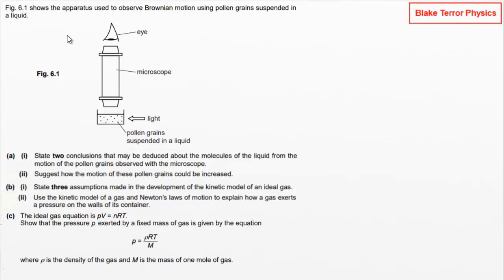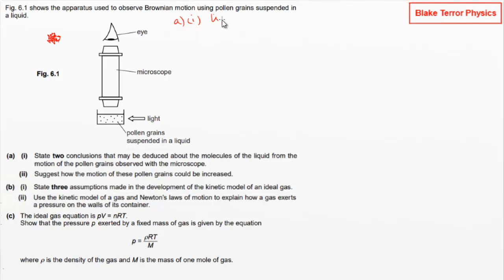observed in the microscope. Right, so if you remember with this, the pollen grains are jiggling around in this very rapid, random motion that's going on, and that is telling us two main things about the molecules in the liquid.